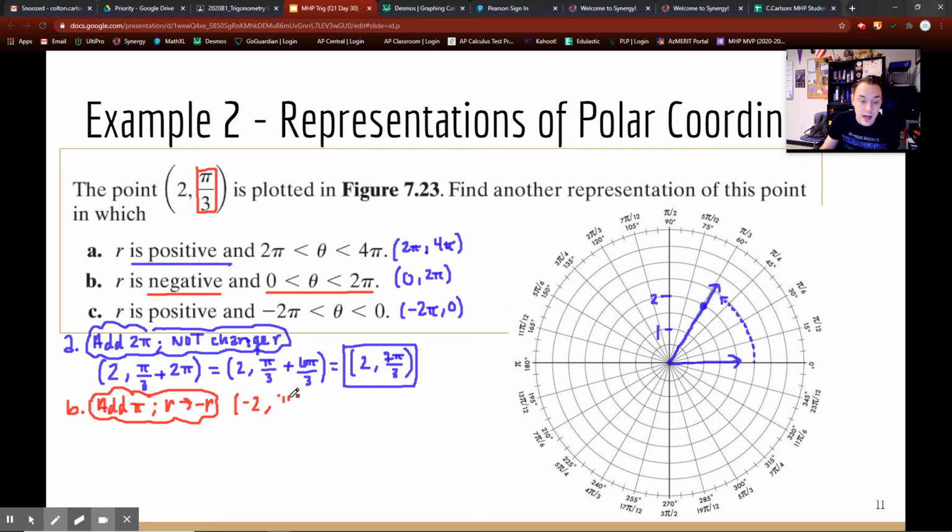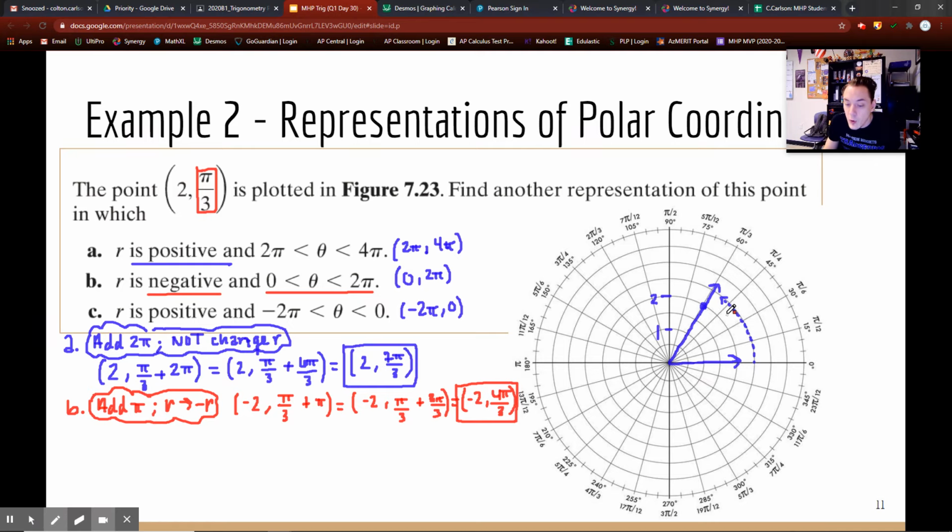And then this is going to be pi all over 3 and then plus pi. This becomes negative 2, pi all over 3 plus 3 pi all over 3. I know it's really small there. I apologize. And so what is my actual coordinate point? Negative 2, comma, 4 pi all over 3. So this right here is my actual coordinate point.